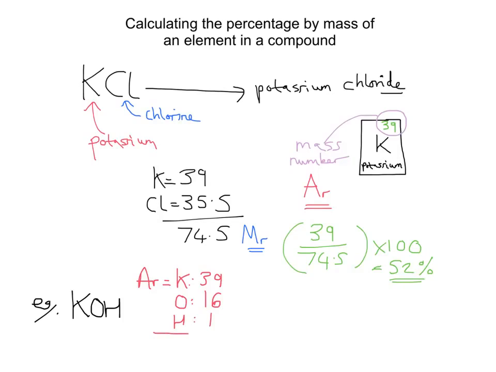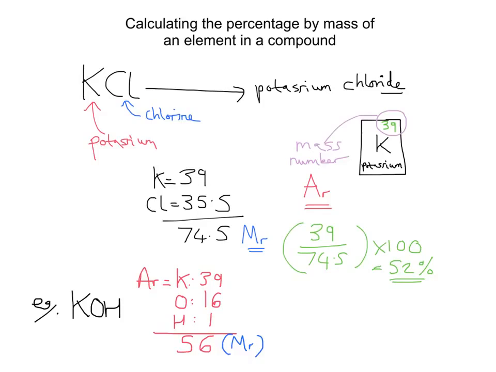So that gives us a total of, well, 39 plus 16 plus 1 comes out as 56. So let's just write that in there. The individual Ar values for K, O and H add up to 56. So 56, because we've added them all up, is our Mr. That's our relative formula mass.